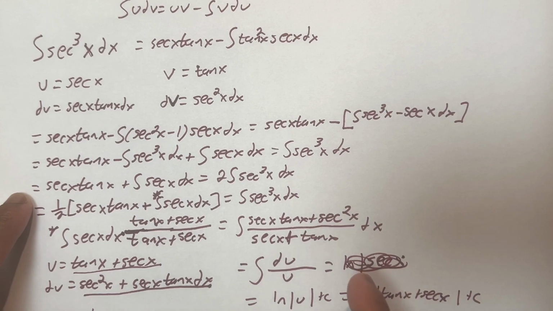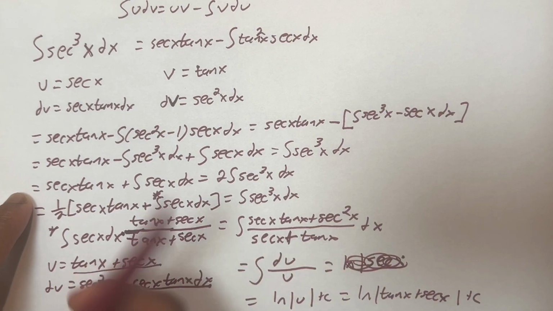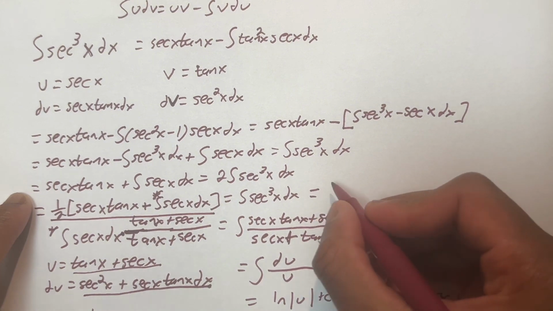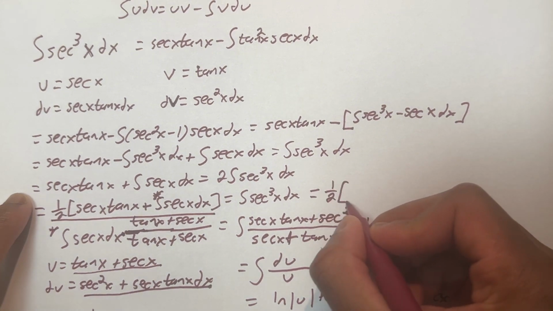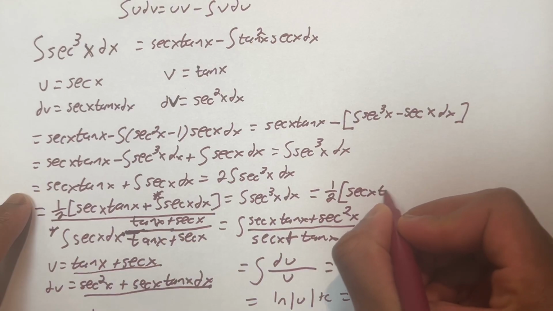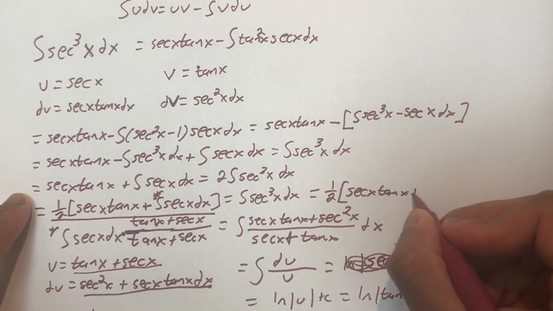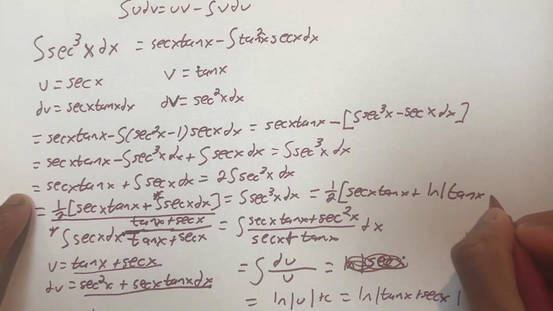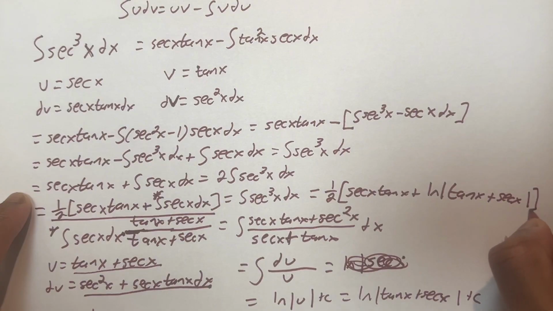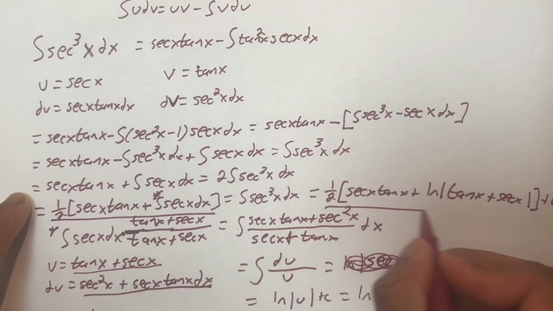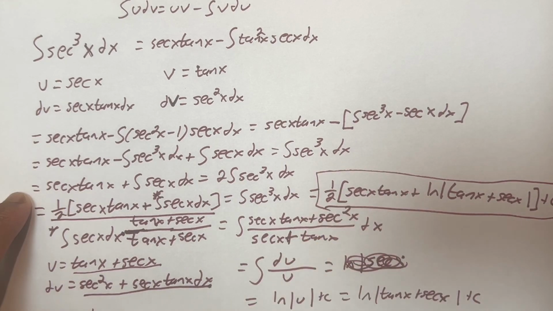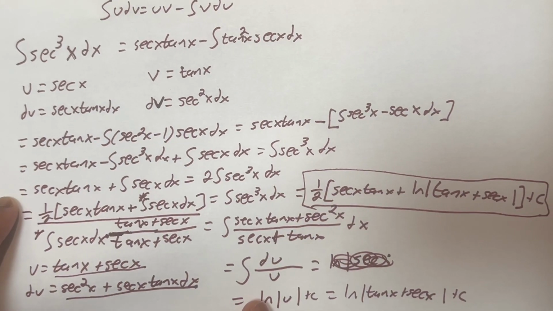Now, if we put this back into our equation here, what we get is 1/2 times secant x tangent x plus natural log of tangent x plus secant x, all plus c.